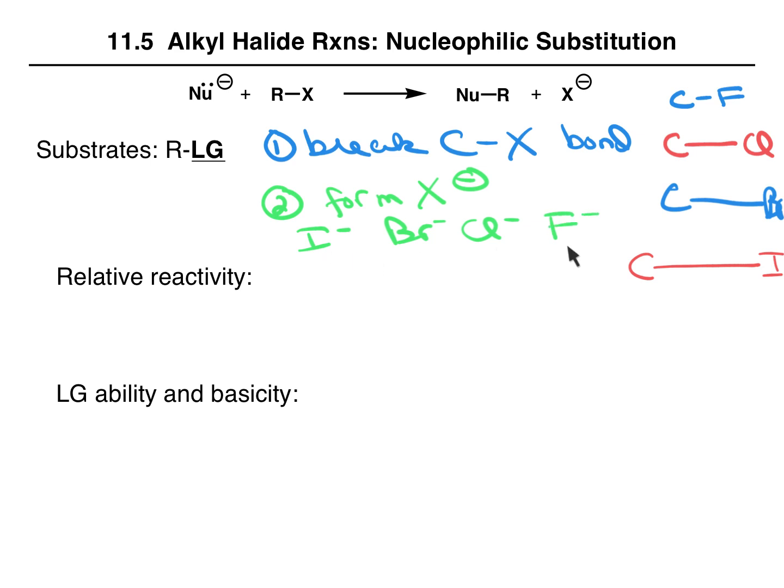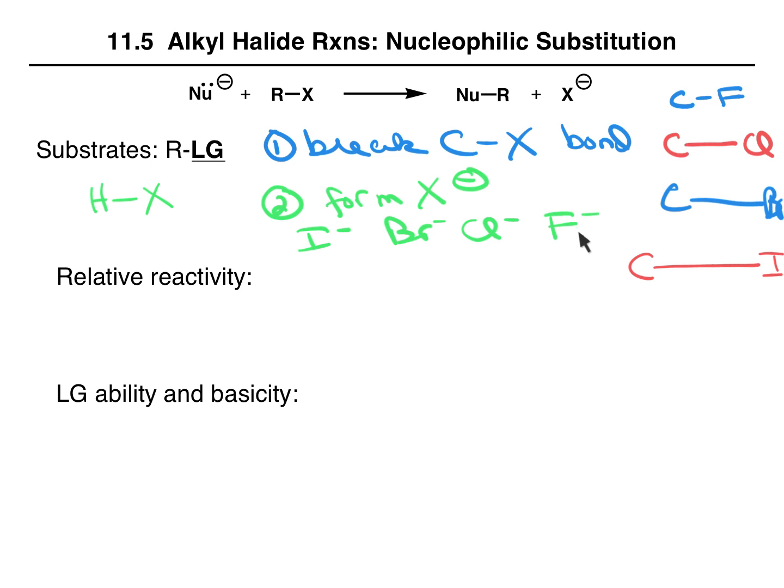And we actually compared these when we were talking about relative acidity. If we think about the relative acidity of HX, we're looking at the bond strength, how easy it is to break this bond, similar to what we just said here. And then we're also thinking about how stable is the conjugate base.